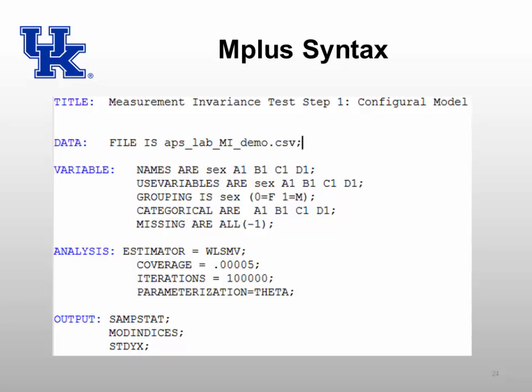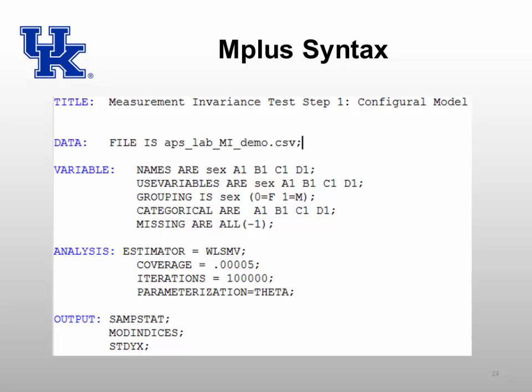We tell Mplus which data file we are looking at, and we define the variable names. Names are sex, A1, B1, C1, and D1. These are the items, or the categorical indicators. And we define that we use all of the variables in this analysis, and the grouping variable here is sex.